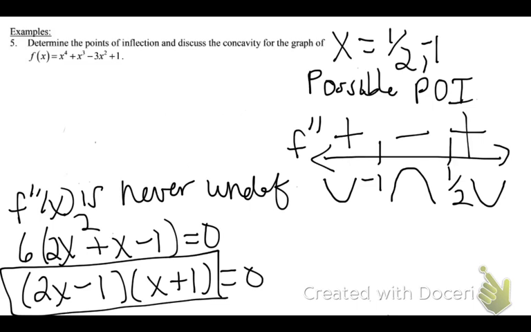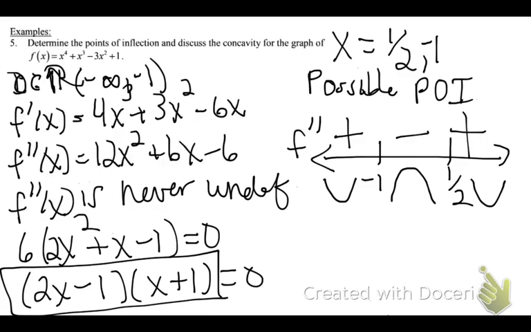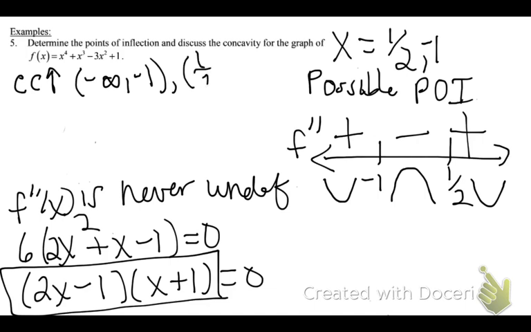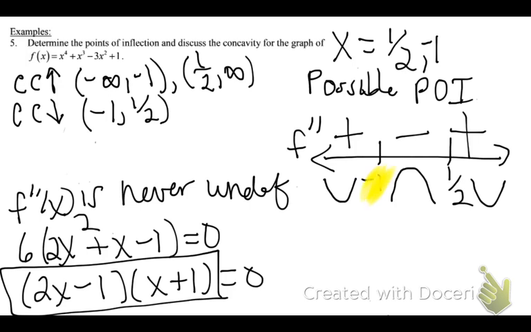So to analyze the concavity, we would say we are concave up on the intervals from negative infinity to negative 1, and from 1/2 to infinity. We are concave down from negative 1 to 1/2, and then we have points of inflection at negative 1 and 1/2.